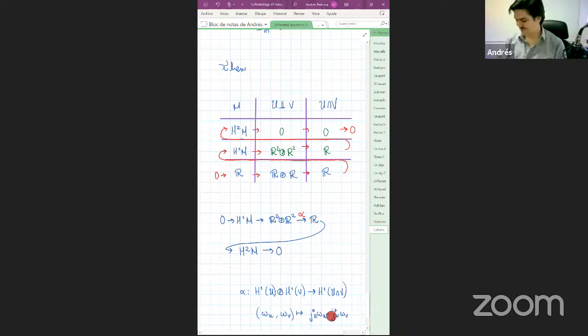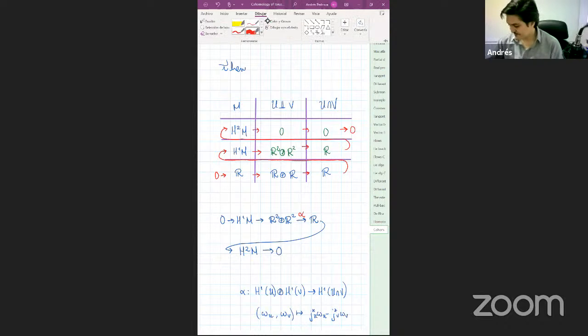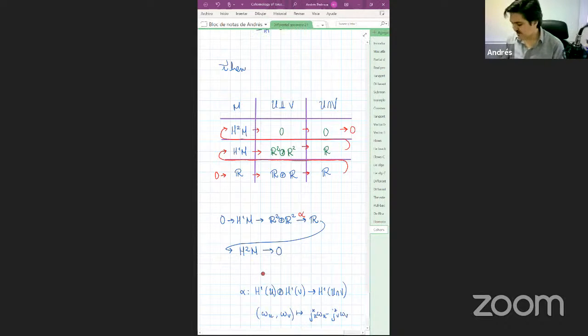But now, U is a punctured torus, V is also a punctured torus, and U intersection V is the cylinder above the puncture.